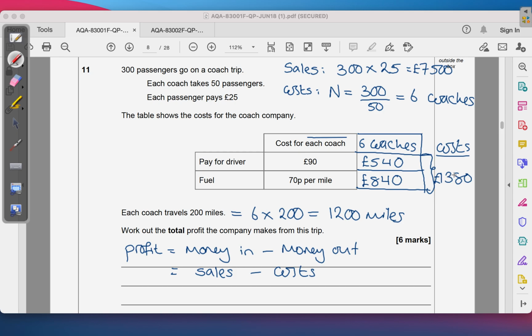So if the costs are 1,380 and the sales are 7,500, then the profit, I'm going to call it P, is going to be 7,500 take away 1,380. So that gives us 6,120.